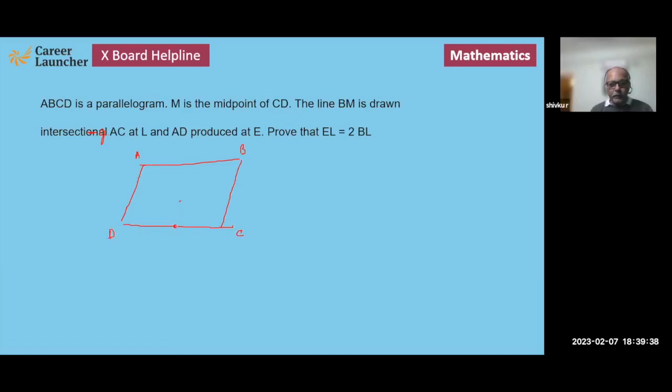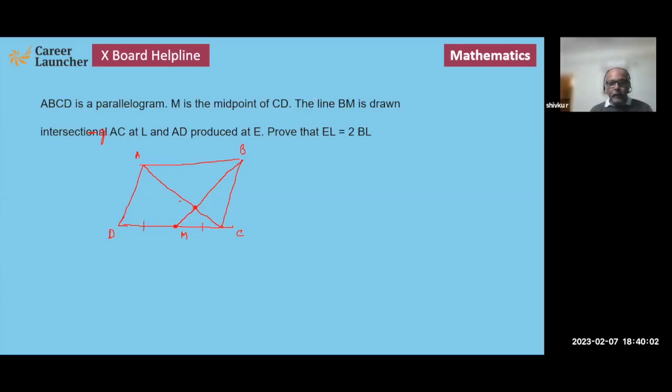So let's say M is out here. The line BM is drawn intersecting AC at L. So this is AC. So you're drawing BM. This is M. M is the midpoint of CD, by the way.